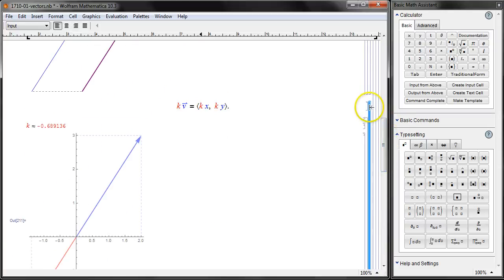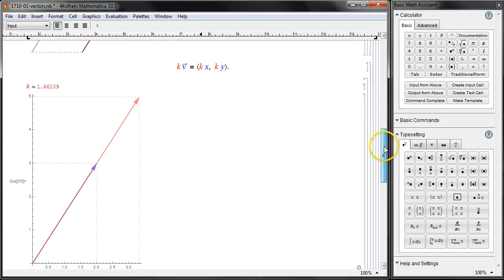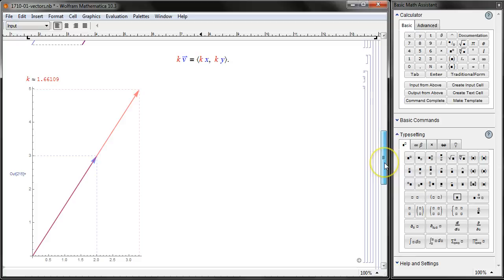Oh, k is randomized again. Okay, k is about 1.66 something. So if I just multiply by k, this is x. x is stretched by k, so k times x. That's y, and y is stretched by k all the way up there, and we end up with the red vector.